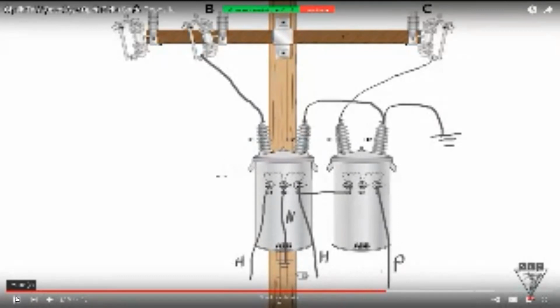One thing with an open bank, it's 50. So you understand what he's saying there? I can actually have, say I'm on this side of the street and I've got a couple homes over here. I can power those 2 homes with just this transformer by itself. All I need is these 2 hot legs and the neutral.